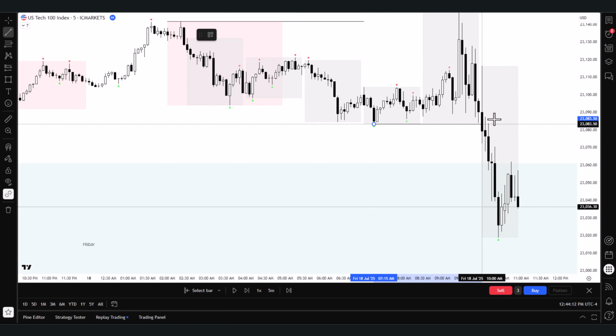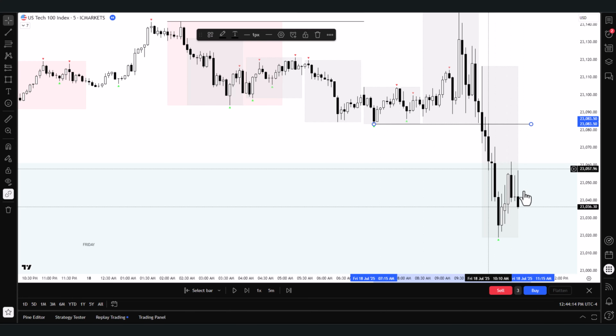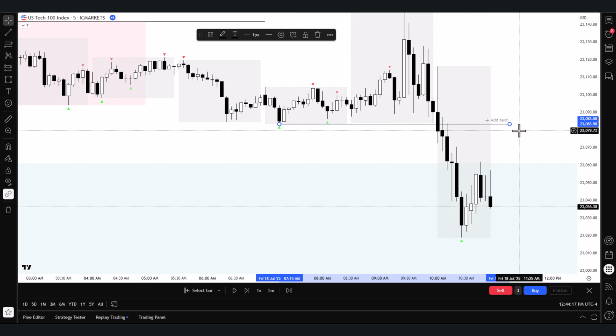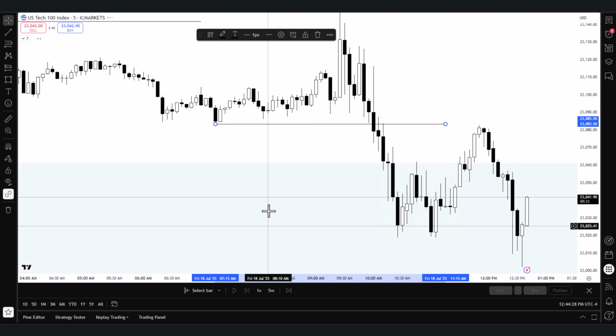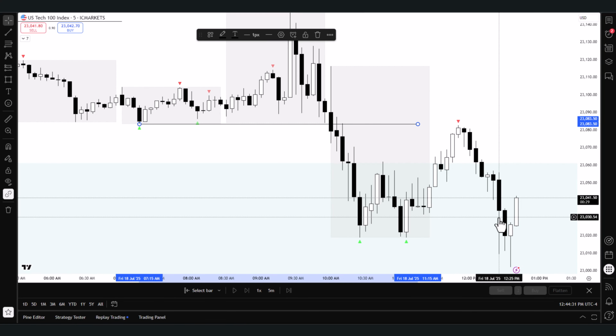That is my lowest 90-minute cycle range. If price closes above this, then we will enter. 10:55. We are out of our session time, so no entry.